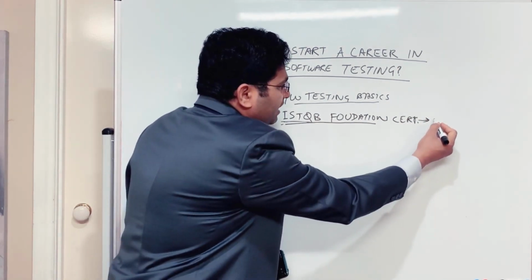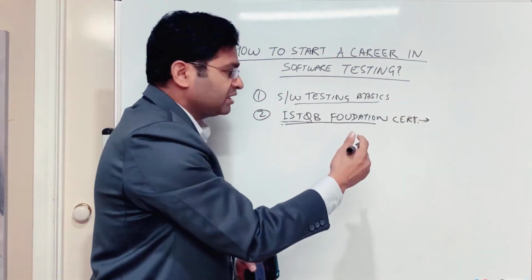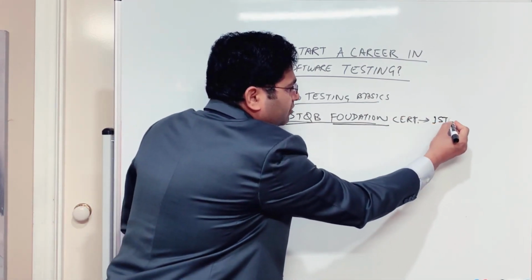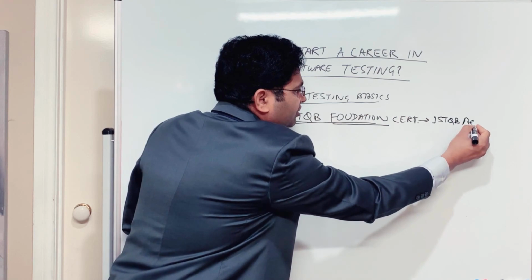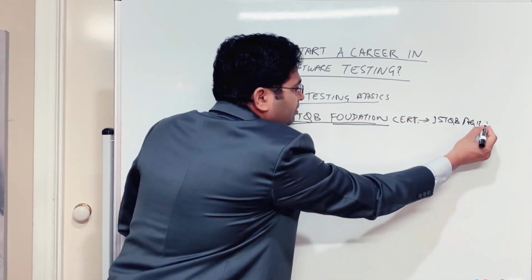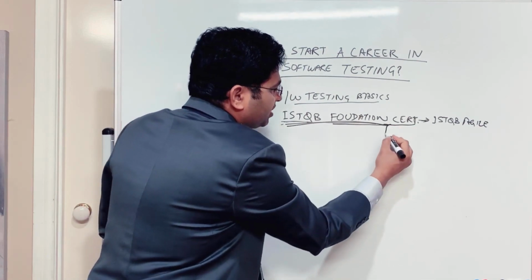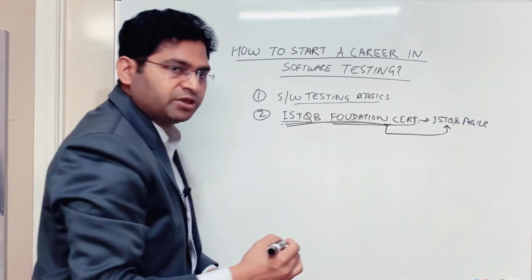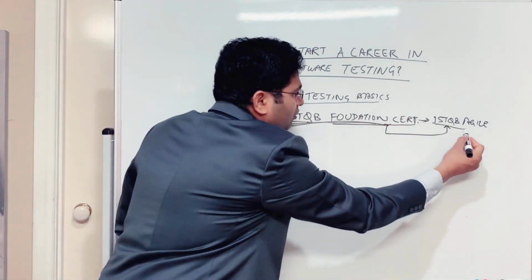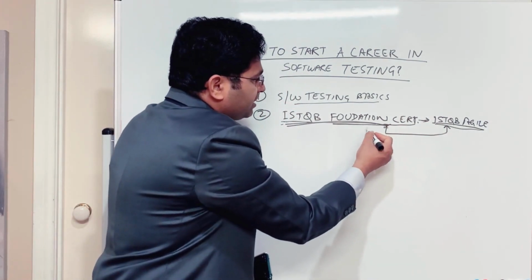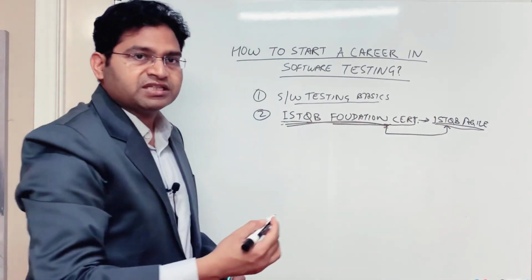There is an ISTQB Agile extension as well. Once you do the foundation certification, then you can go for the ISTQB Agile certification. Foundation cert is the prerequisite to go for ISTQB Agile. Once you clear foundation, then you can go for the ISTQB Agile certification.